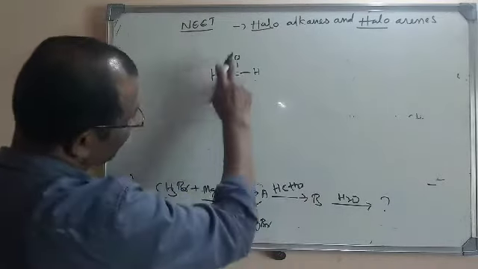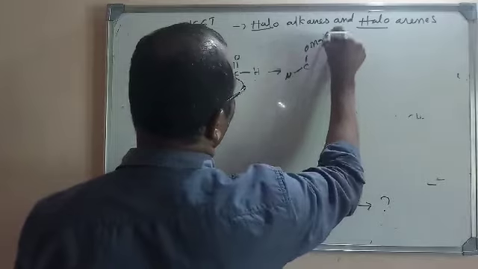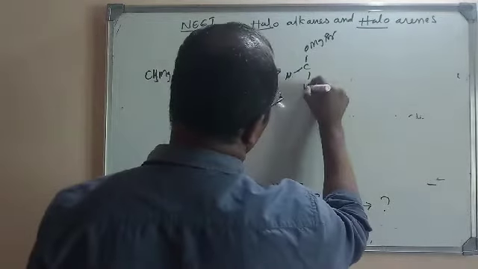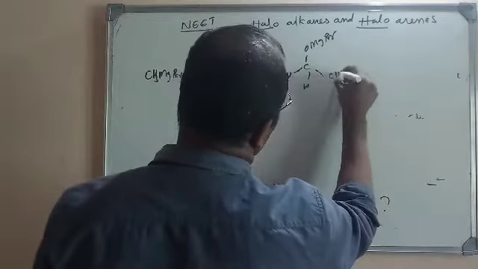CH3MgBr, methyl magnesium bromide, can be added to it. As a result of addition, what are we going to get here? Here this is hydrogen, and here it is OMgBr, and this is one hydrogen, and this is CH3.